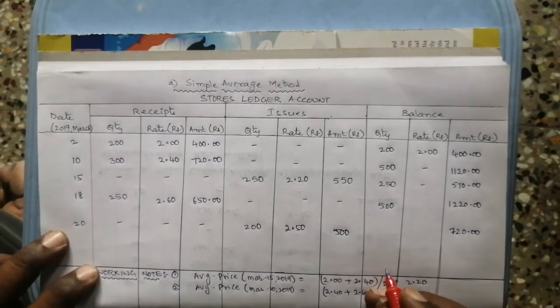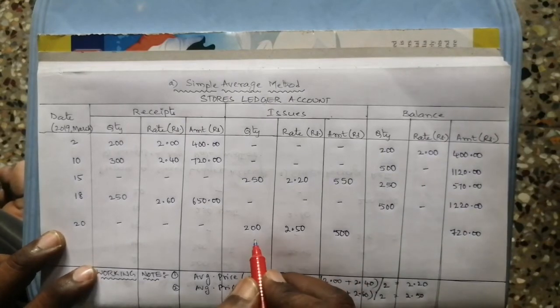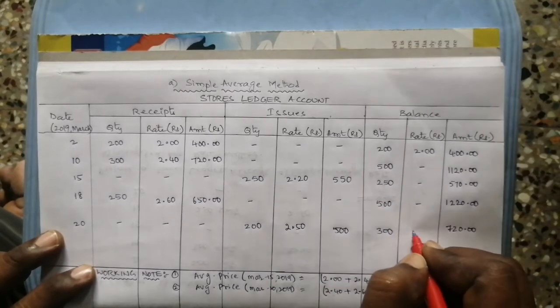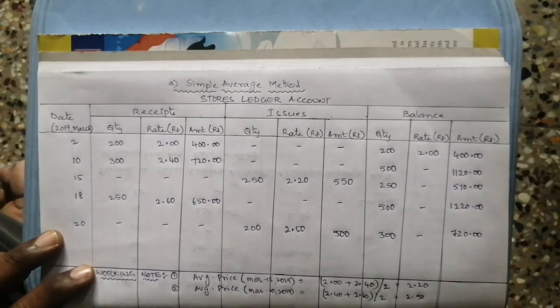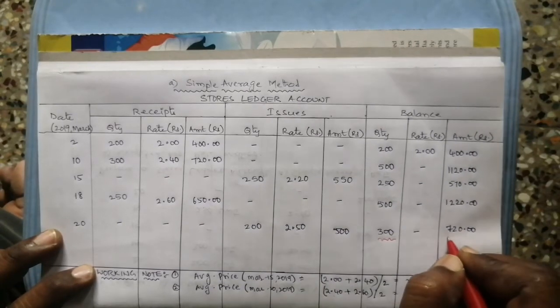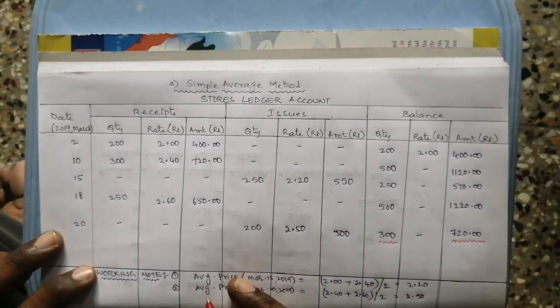Similarly, 500 quantity out of which 200 issued, so how much quantity now? 300. No need to mention the rate per unit. Now this way you find the balancing quantity of 300 units and balancing amount of 720.